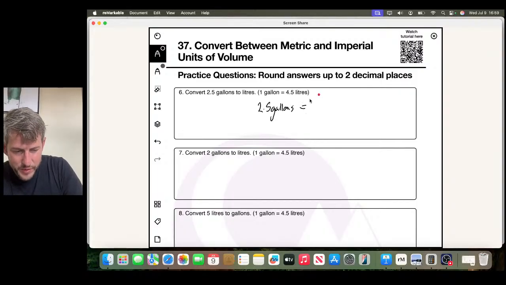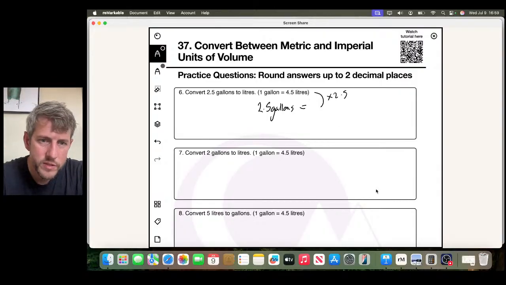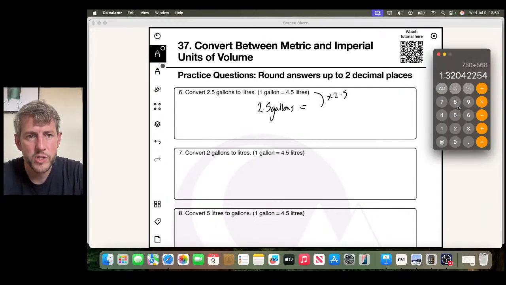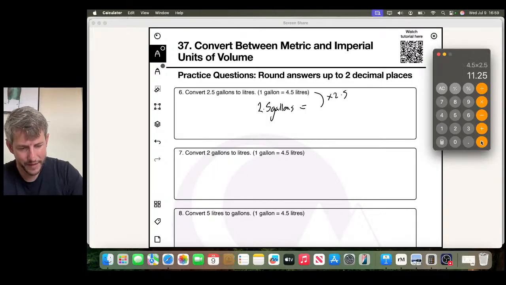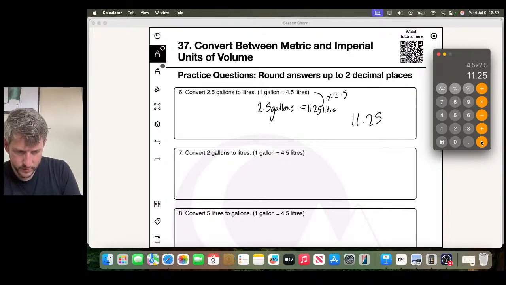So we just want 2.5 lots of this. So we're just going to want to do 4.5 times 2.5. And that'll be 11.25 litres. Okay, let me write that nice and big here.